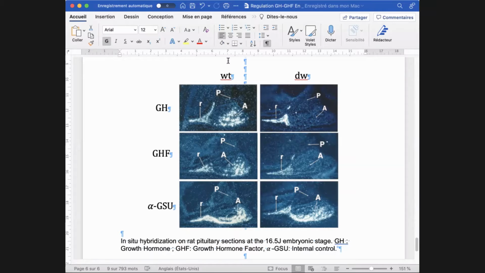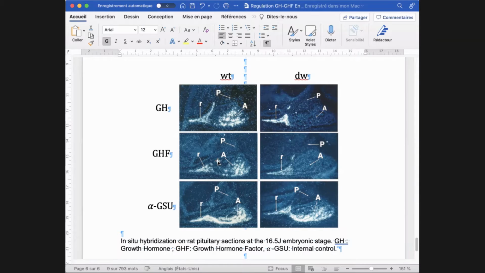On the left part of the picture, this is a cross-section of pituitary gland from normal rats, wild type. So they've got the normal size, okay? The first row is the result with a probe that is targeting GH messenger, so directly the mRNA of the GH gene.